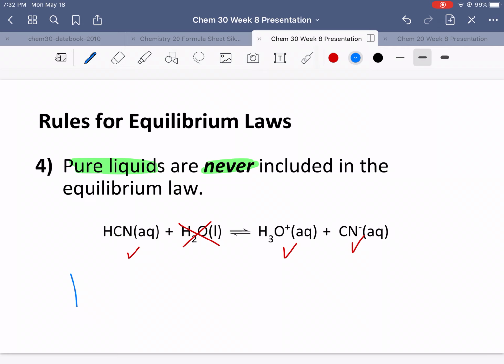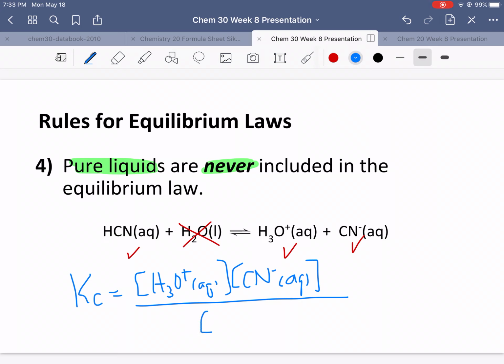So implications of this, the equilibrium constant is going to be equal to the concentration of hydronium aqueous times the concentration of cyanide ion aqueous. It's balanced with 1, so we're good to go that way. All of that over the concentration of the hydrogen cyanide, HCN, hydrocyanic acid, aqueous. There we go. Done. Do not include the water.